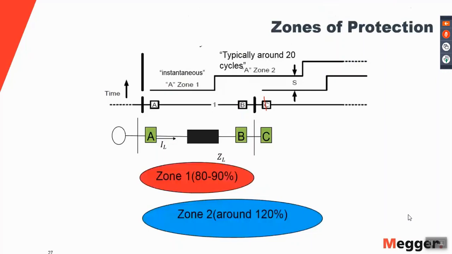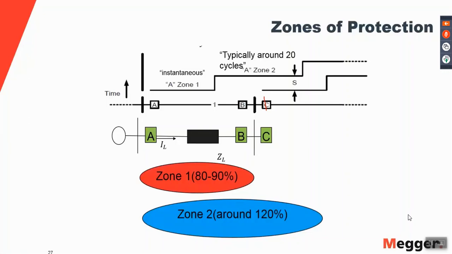So what is done typically is we use safety factors. For example, for this relay, if this were a distance relay measuring impedance on this line and using that measurement to make a decision, do I have to trip?